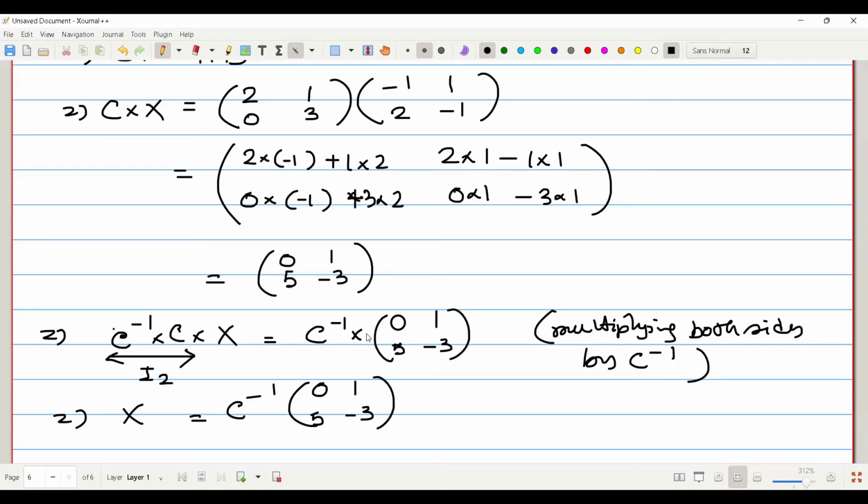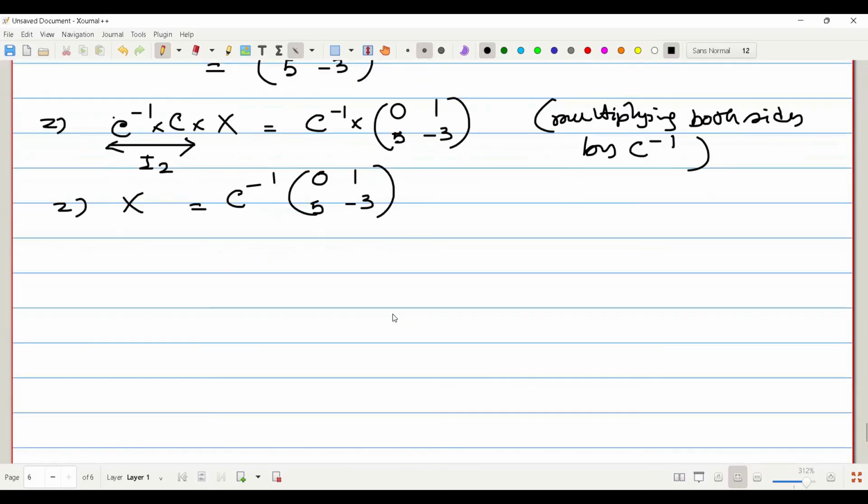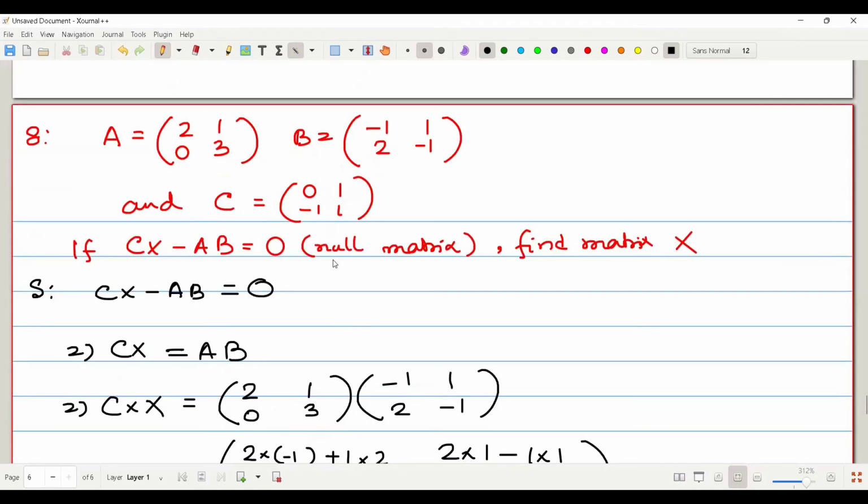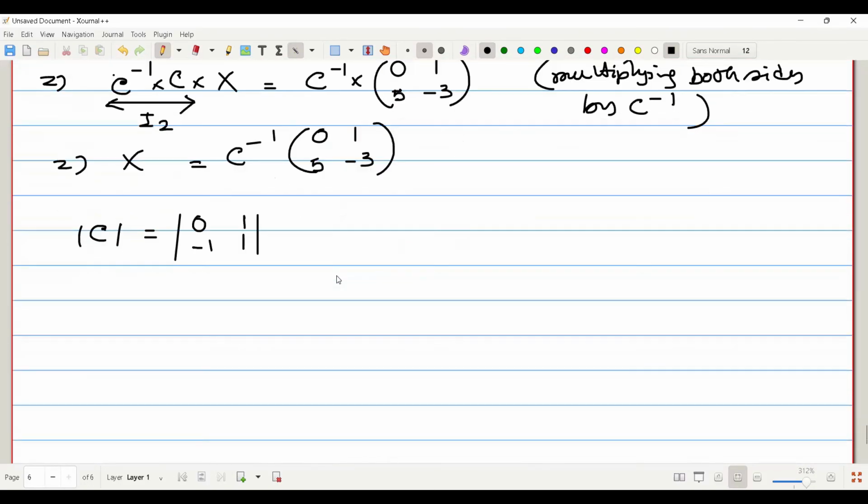Let's find out the C inverse. So the determinant of C is equal to [0, 1; -1, 1]. Let's check we are right or not. That one is equal to 1, that is not equal to 0.